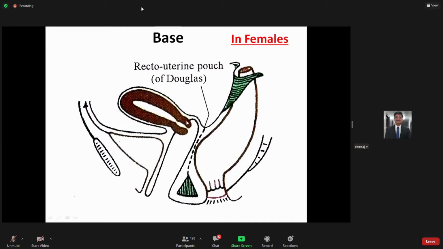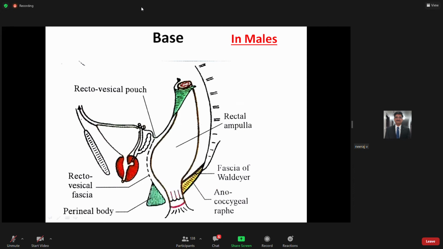So you can see, and then posterior to that you have the location of the ampulla of the vas deferens, right? If you look at this picture, this is the peritoneum which is coming. Here this is the anterior abdominal wall. Here is coming the peritoneum, the parietal part of the peritoneum.